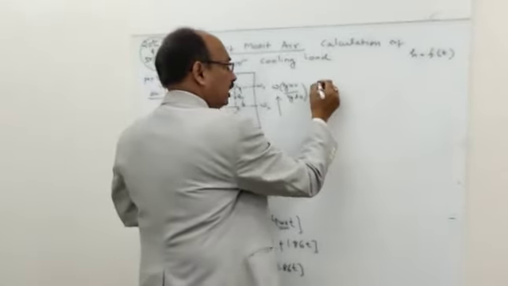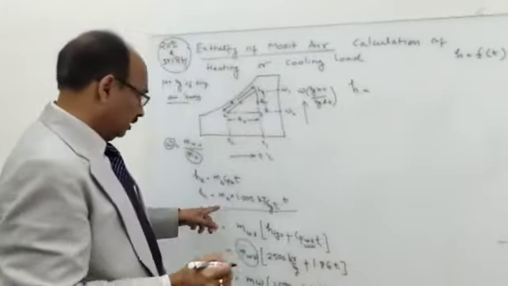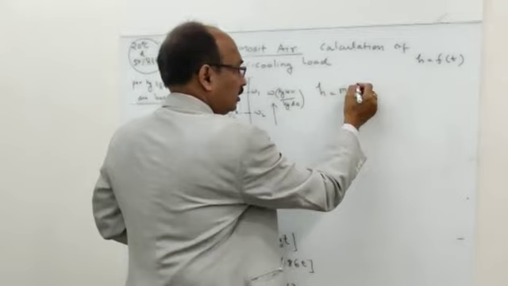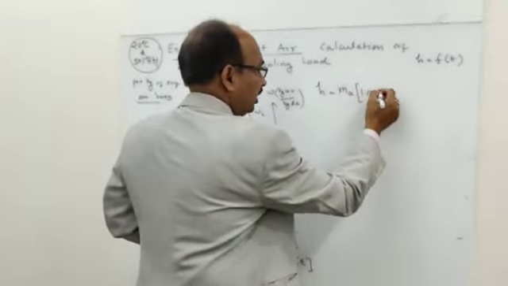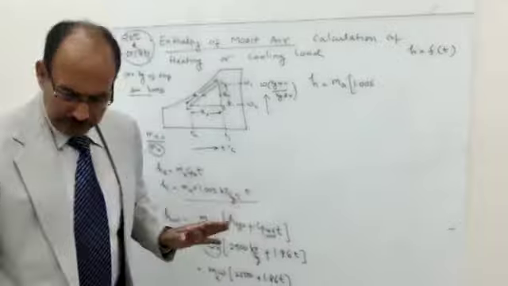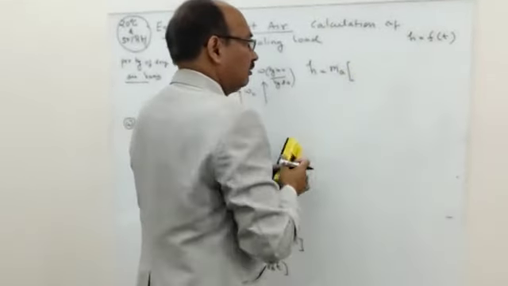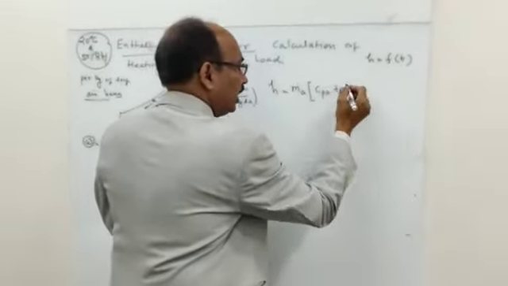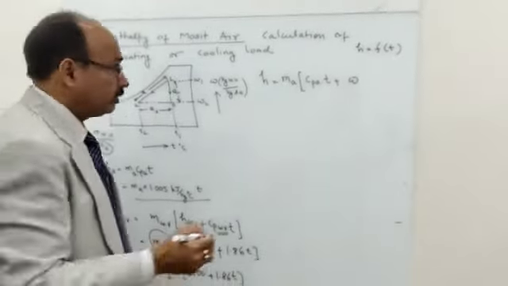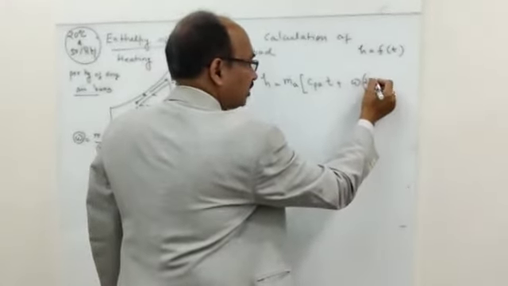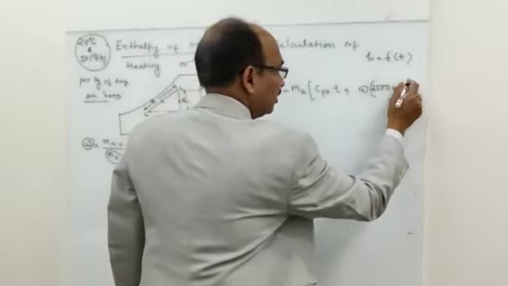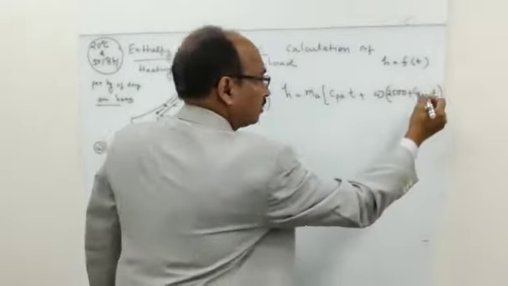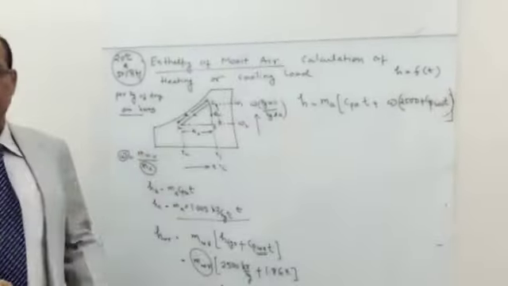So finally our enthalpy of the moist air sample is mass of dry air into 1.005, or we just first write the expression and then write the values. So CPA into T plus omega times, in bracket, 2500 plus Cp water vapor T. So this is our final expression.